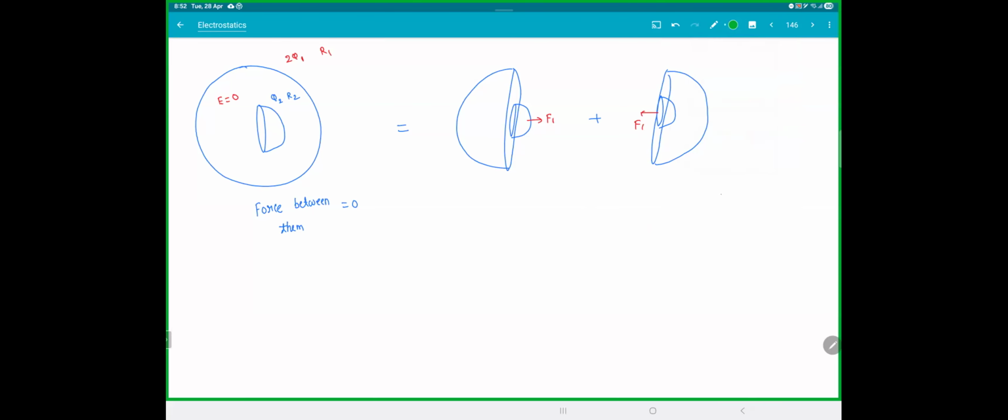That is one. The second thing, let's do the other way around. Let's take the smaller shell full, that is your 2q2 and r2, and let's take the half shell now. Now this can be split into this piece here.